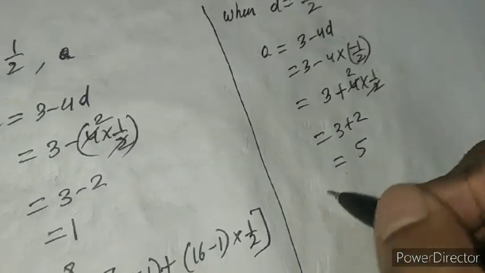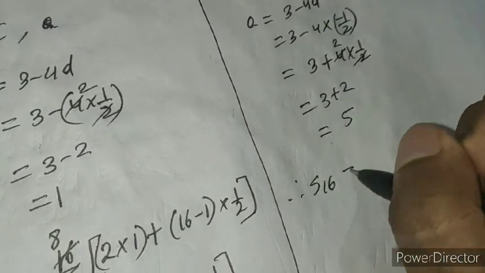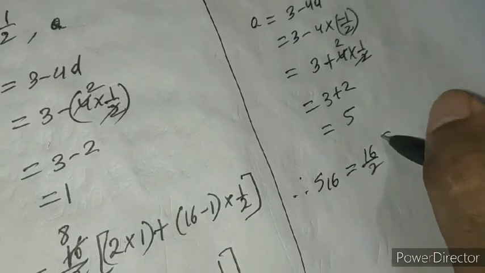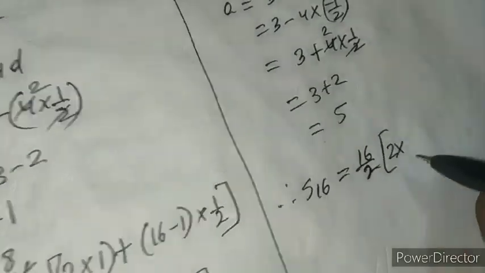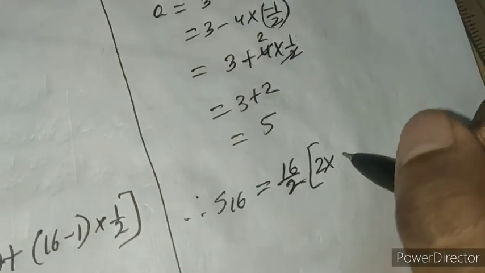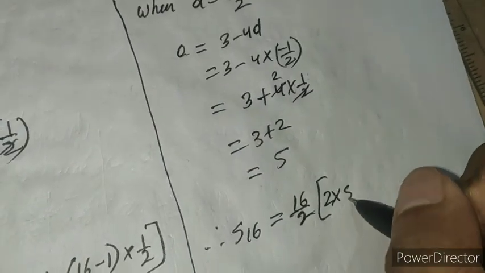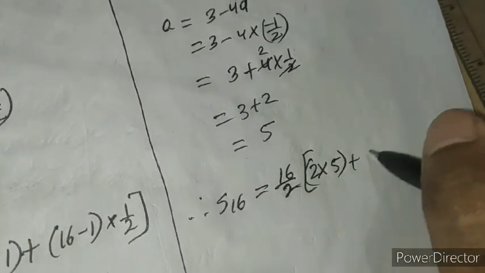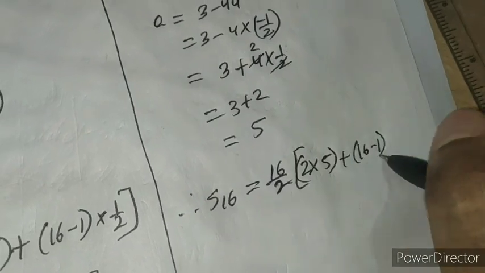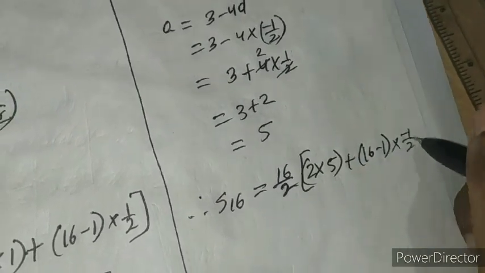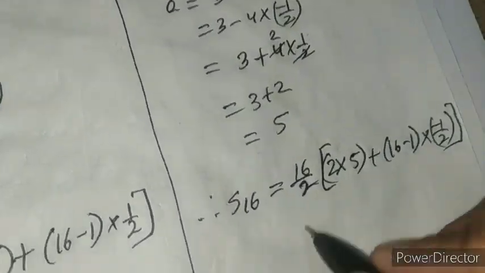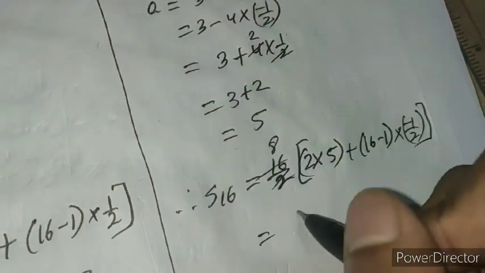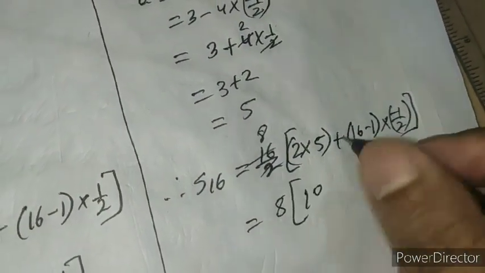Okay, so therefore S16 is equal to 16 by 2 into 2a. a is how much? 5 plus 16 minus 1 into minus 1 by 2. Okay, so 2 5s are 10.